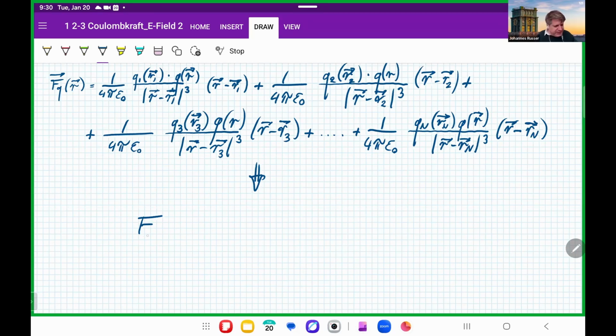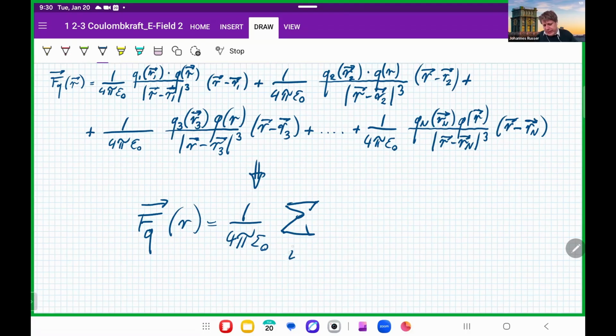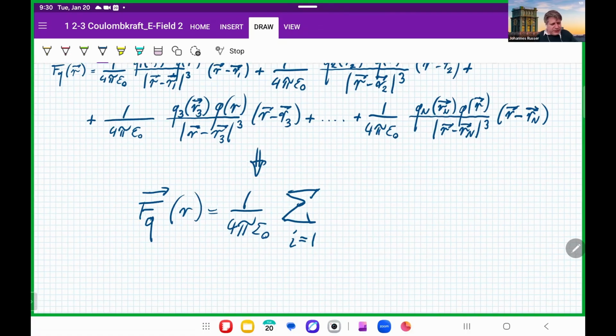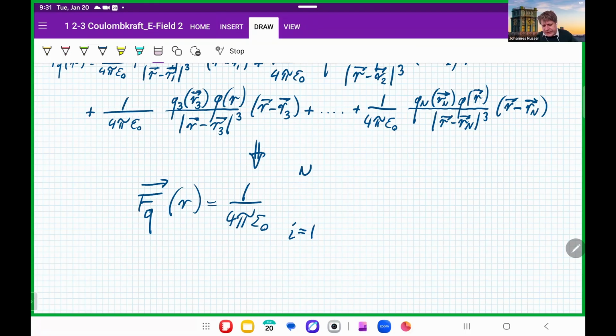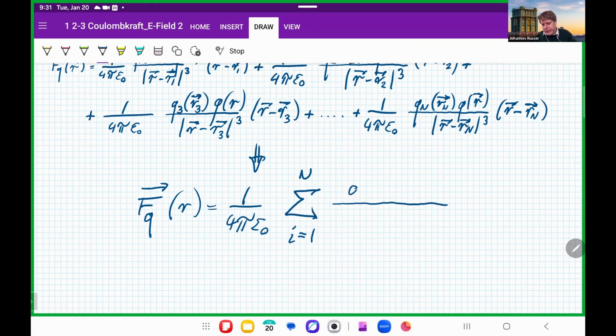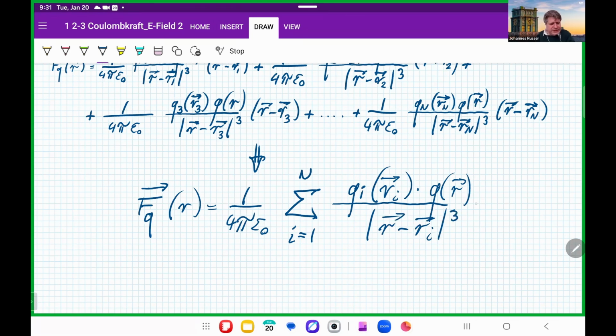Let's write that in a more compact fashion: the force on the test charge Q is 1 over 4 pi epsilon naught, and then we make use of the summation sign, with the summation running from 1 to n, of Qi times Q, over the magnitude of R minus Ri to the power of 3, times the distance vector R minus Ri.